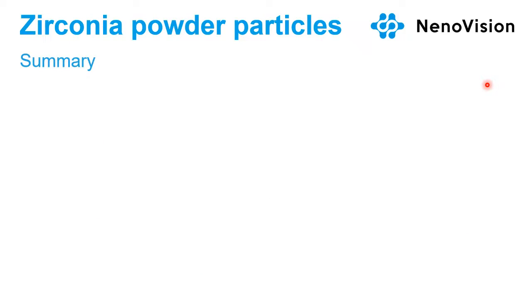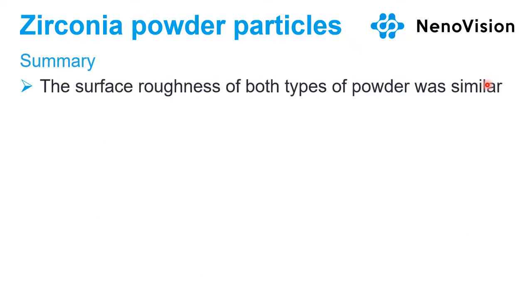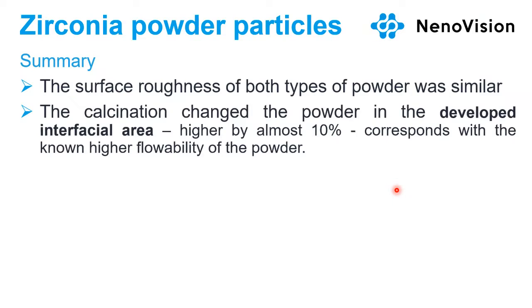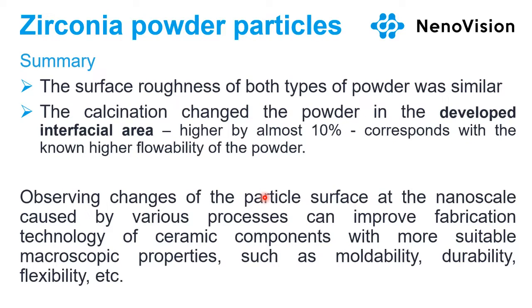So what we found out is that the surface roughness of both types of powder is quite similar, but the developed interfacial area is different, higher by almost 10%. So it corresponds with the higher flowability of the powder. So microscopical properties are linked to macroscopical properties.